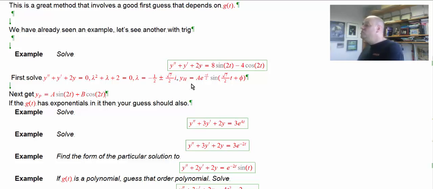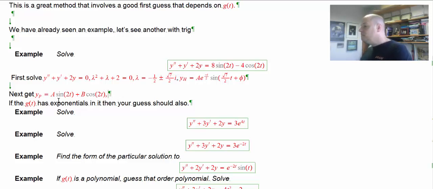Now I'm not guessing that just because it had both sine and cos. Even if it only had one of the trig, I would still guess a linear combination of two, because when I differentiate, if I just pick the sine, it would make its own cosine. So cosines and sines are going to pop up from the derivatives. So this is going to be my guess.